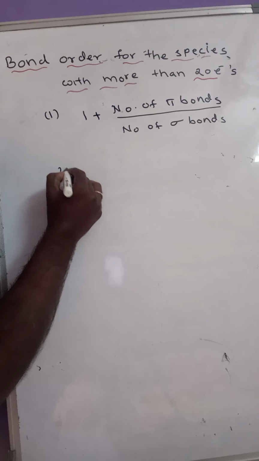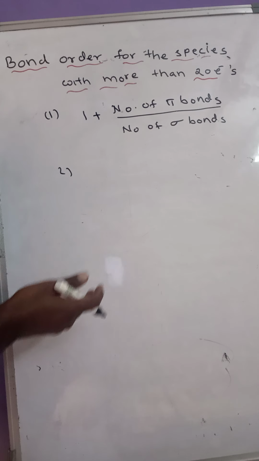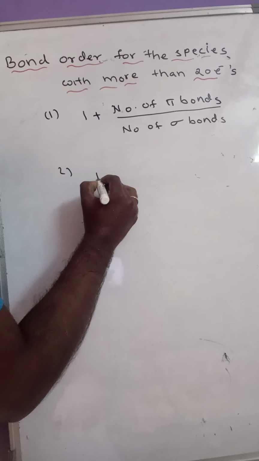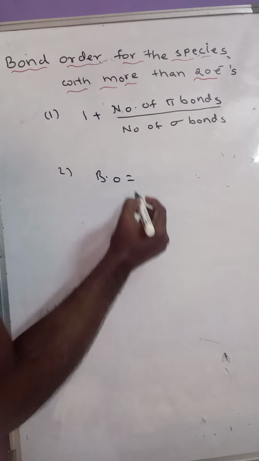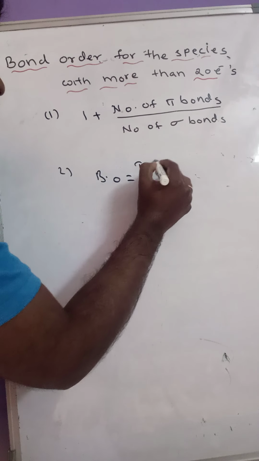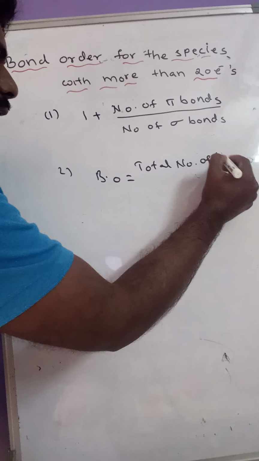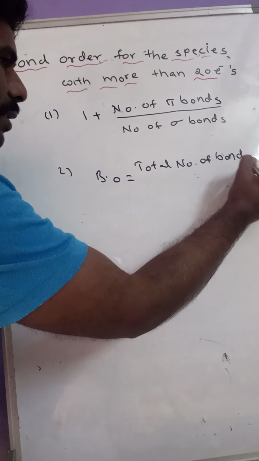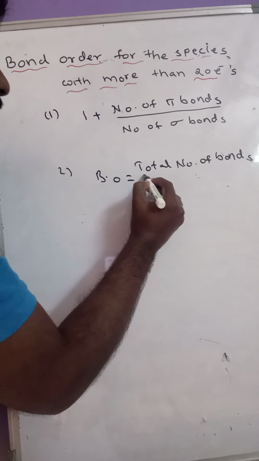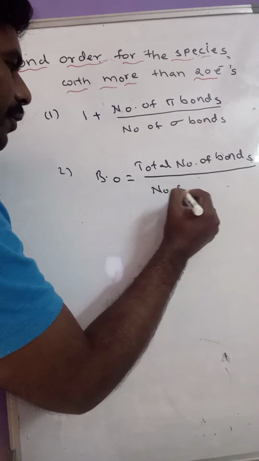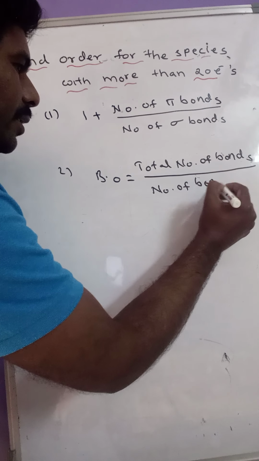And the second formula, which may be the simplest, is bond order equals the total number of bonds present in the species divided by the number of bonded atoms.